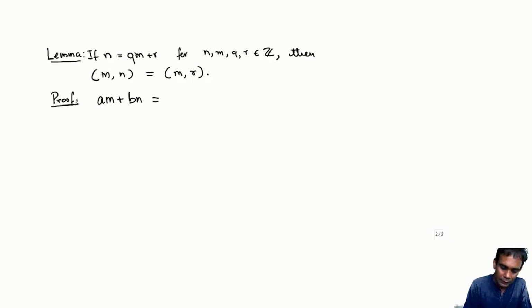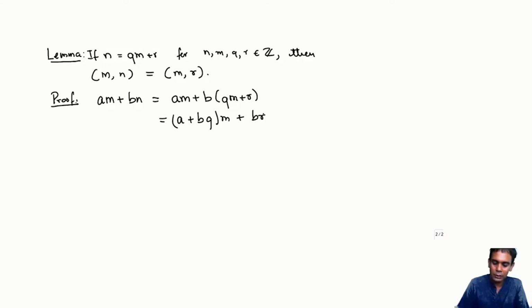But now n is qm plus r, so I can write this as am plus b times qm plus r, which is a plus bq times m plus b times r. So this is also of the form, if I call this a prime and b prime is b, then this is of the form a prime m plus b prime r. So this belongs to the ideal generated by m and r.